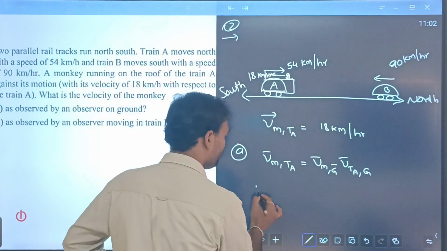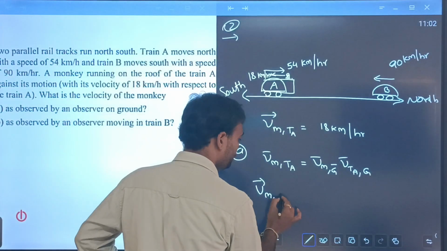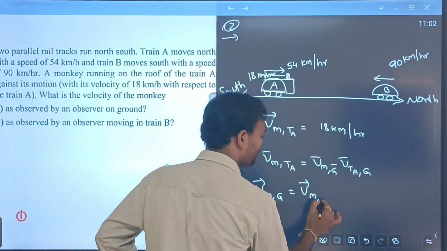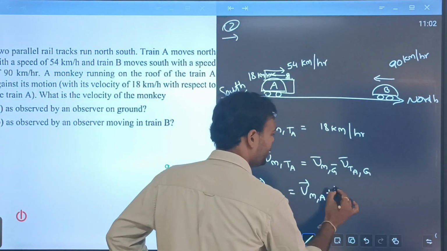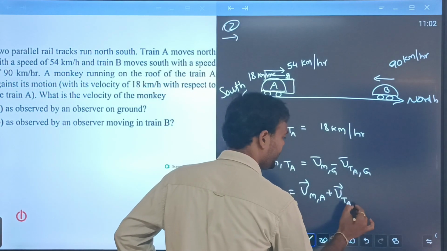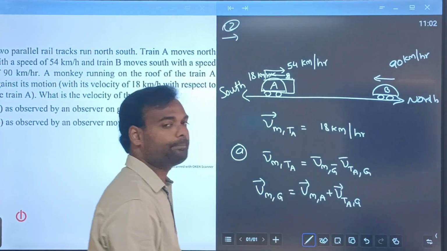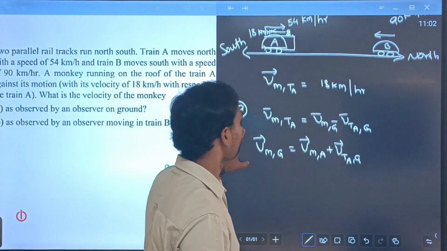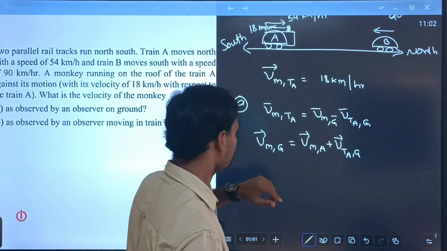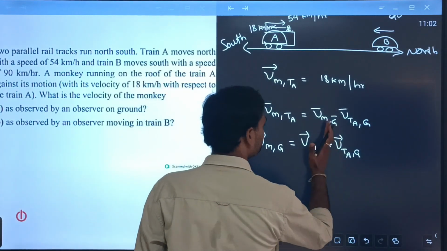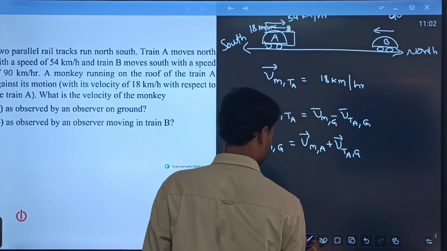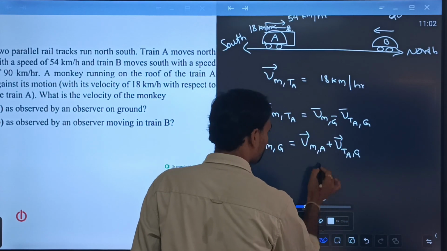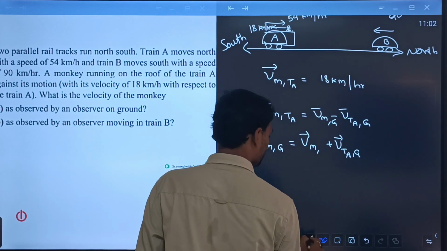Then the velocity of monkey with respect to ground is equal to velocity of monkey with respect to A plus velocity of train A with respect to ground. Now, what is the velocity of monkey with respect to train A?